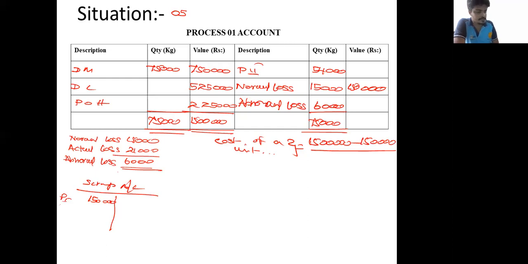Expected good units still 75,000 minus 15,000, expected good units. Then the answer would be, as we got earlier, rupees 22.50. Then we can multiply the value here, 54,000 into 22.5.